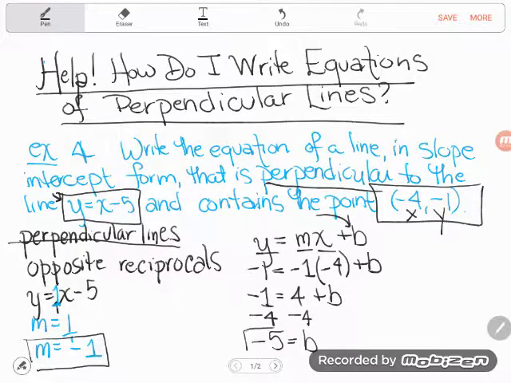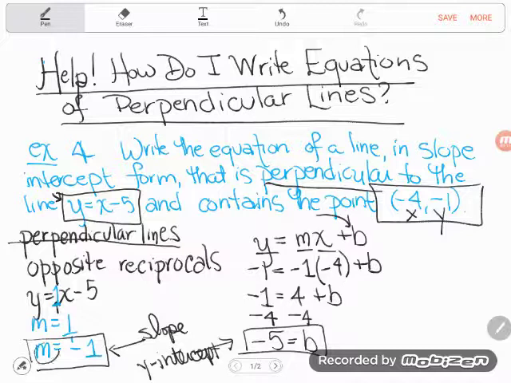And so now I know my slope, my m, and my b, my y-intercept. I have all the information I need to write the equation of this line. Remember, we just need a slope, an m, and a y-intercept, a b, to write something in slope-intercept form. So once again, I'm going to copy y equals mx plus b.